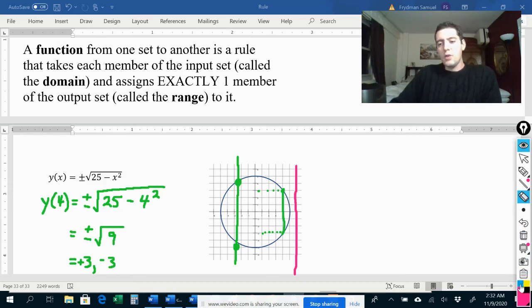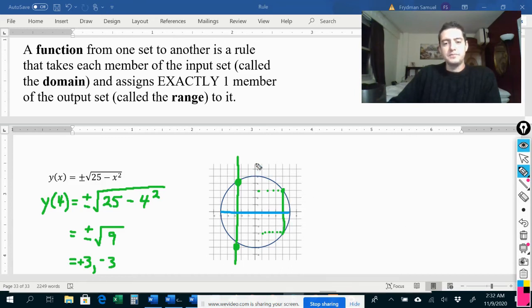So I would choose to define my domain to be only the numbers from -5 to +5 on the x-axis, and therefore the only vertical lines that I should be drawing to test whether or not this is a function should be inside of the domain. All right, so they should be within this blue line that I just drew over here.